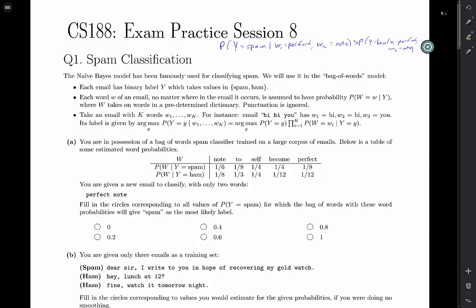So this will factorize into the probability of w1 equals perfect given y equals spam, we'll call that s, times the probability w2 equals note given y equals s, and the probability that y equals s.